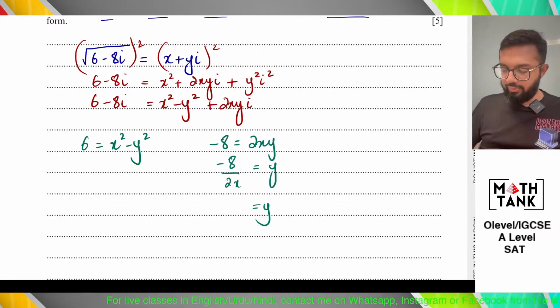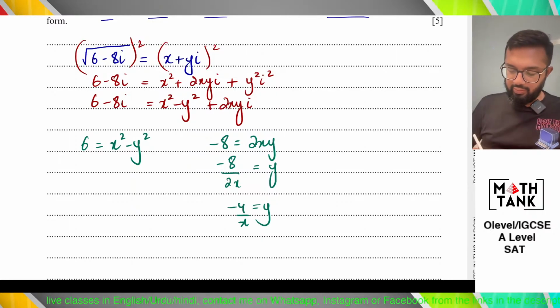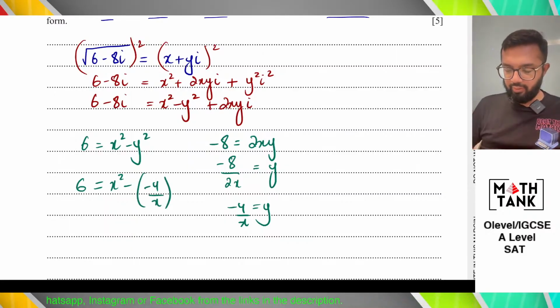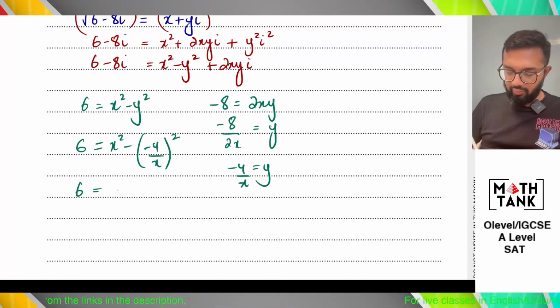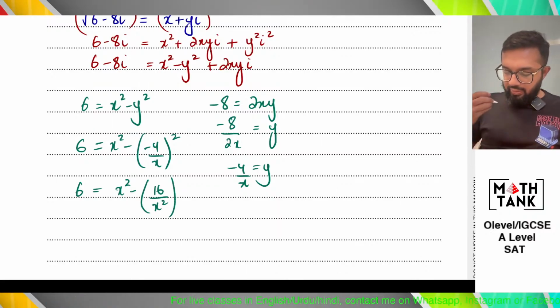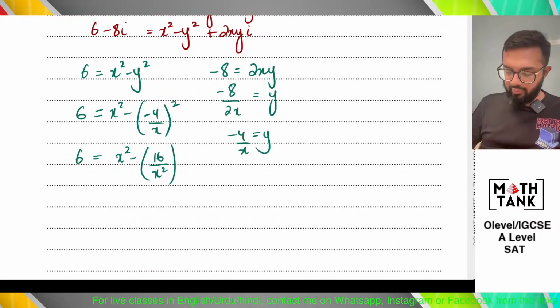So y equals minus 4 over x. Let's put in minus 4 over x here. 16 over x squared. That creates a disguised quadratic equation.